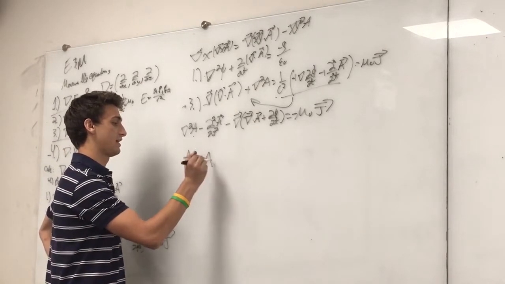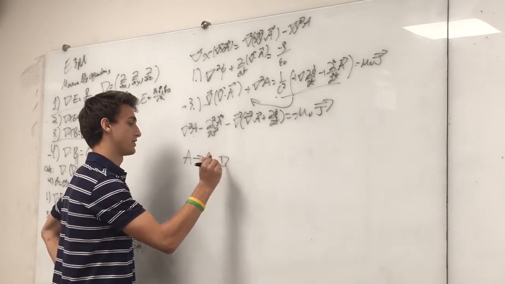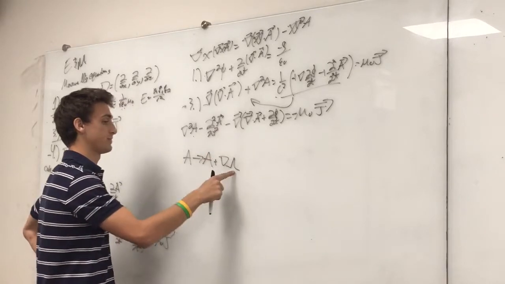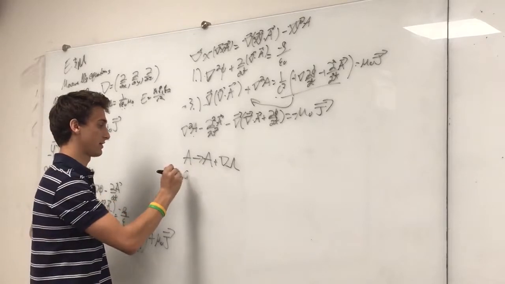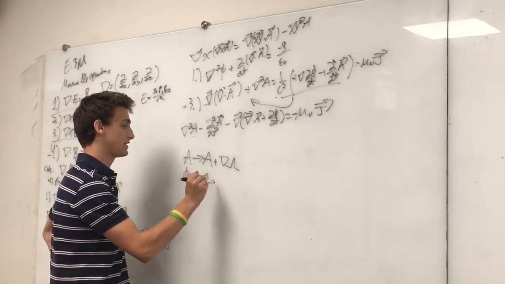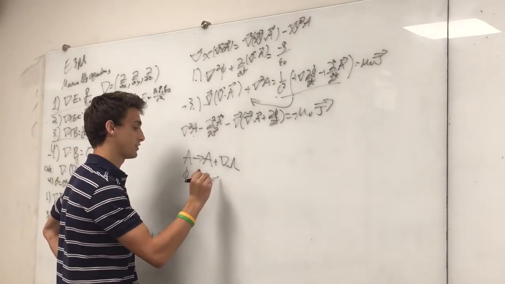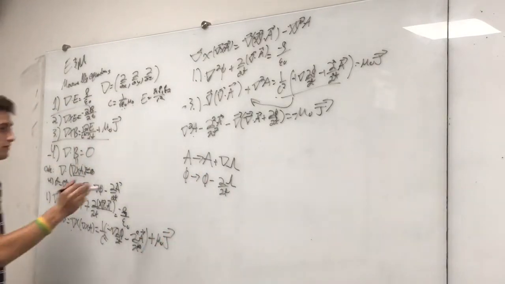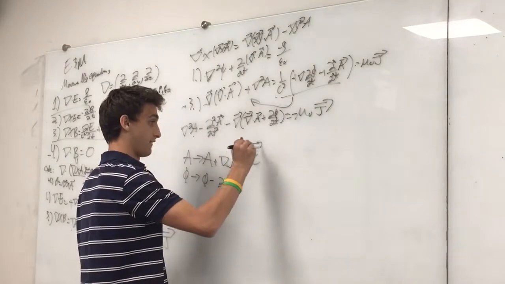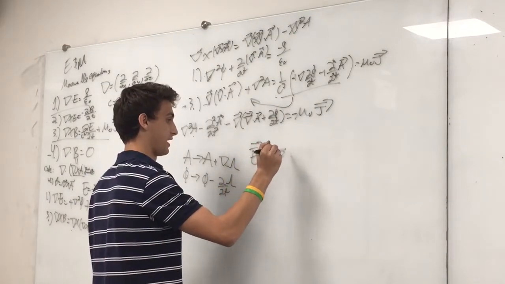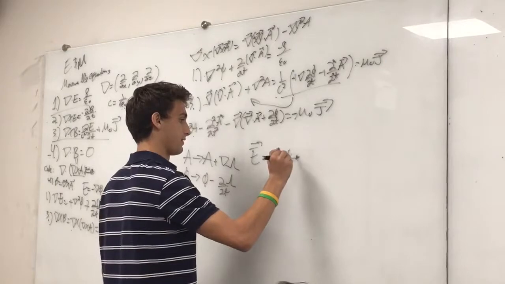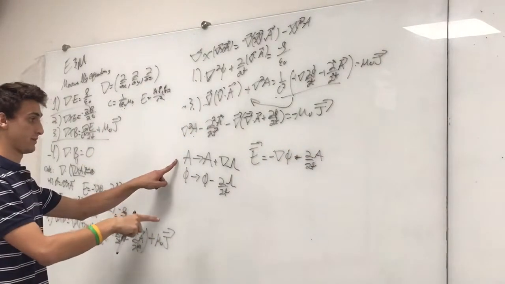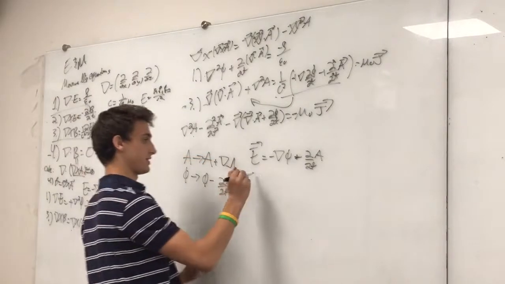We could change these potentials by the amount lambda, and Maxwell's equations remain the same. You could try plugging it in. So we have our two fields represented by the potentials. So let's try plugging these in.